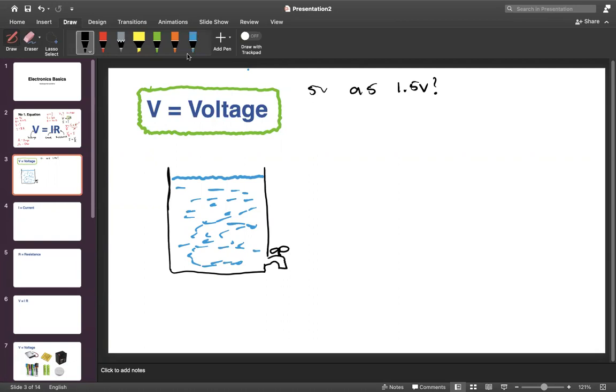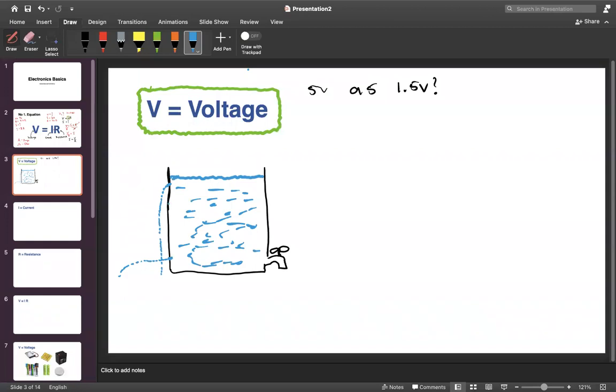If I make a small hole here, the water will start dripping from that hole, right? And if I make a small hole lower down, the water won't just simply drip. It will shoot water. Exactly, it will shoot water.